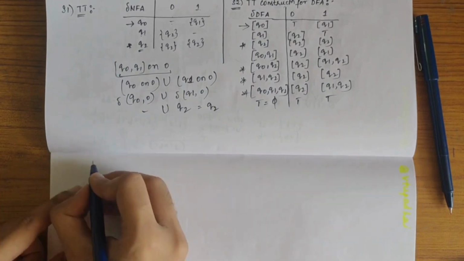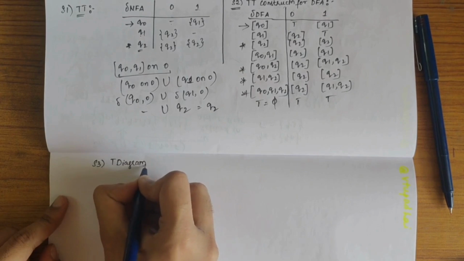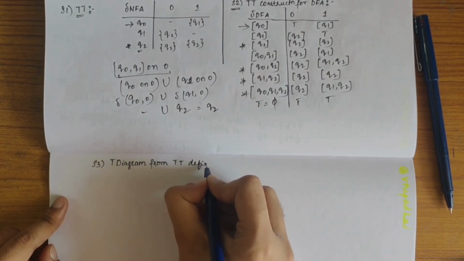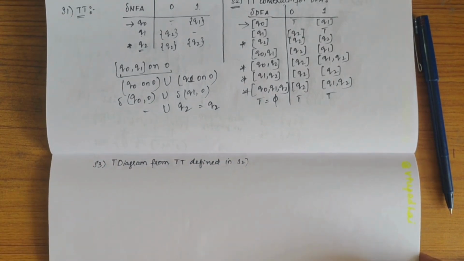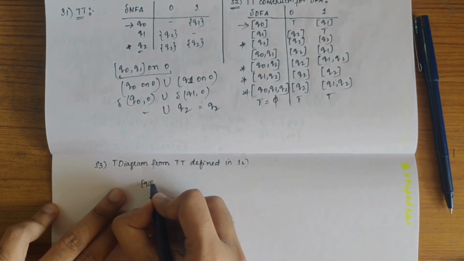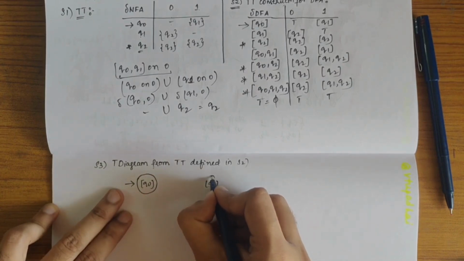Our next step, step 3, is to draw the transition diagram from the transition table defined in step 2. So let's draw the transition diagram. Let's take all these states first. q0 being the start state, followed by q1.